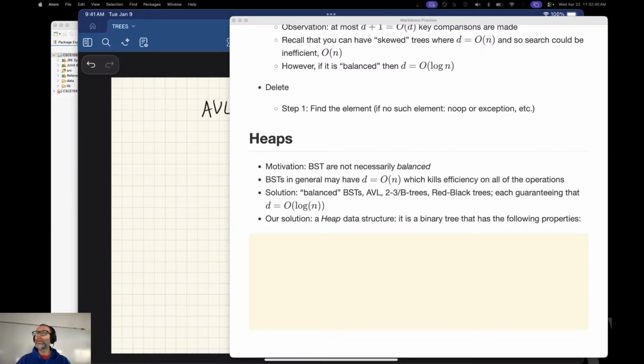It's a binary tree that has the following properties. And before I give you those properties, remember what a heap is from Computer Science 1? In contrast to a stack, which is a nice stack of dishes, organized, all together, contiguous, what does a heap bring to mind? What is the memory heap? It's less organized, more fragmented, larger, less efficient.